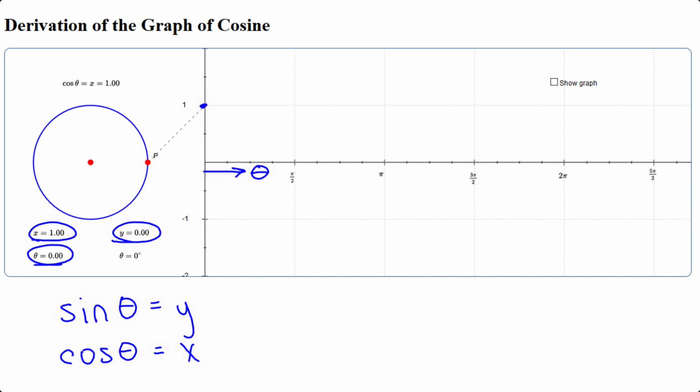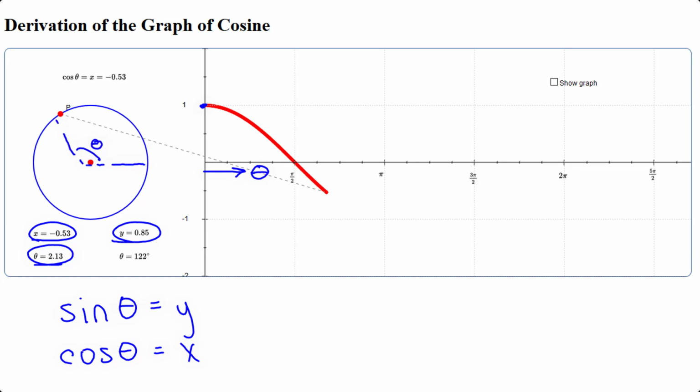And as theta increases, the angle measure increases, well, the x-coordinate on my circle decreases to a point where the x-coordinate gets to 0 by pi over 2. As the angle measure continues to increase, because now, if you think about the angle, here's theta, it's increasing.